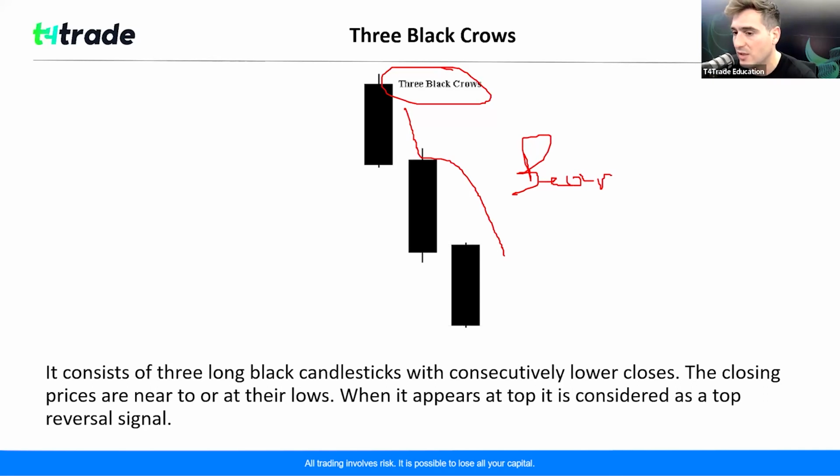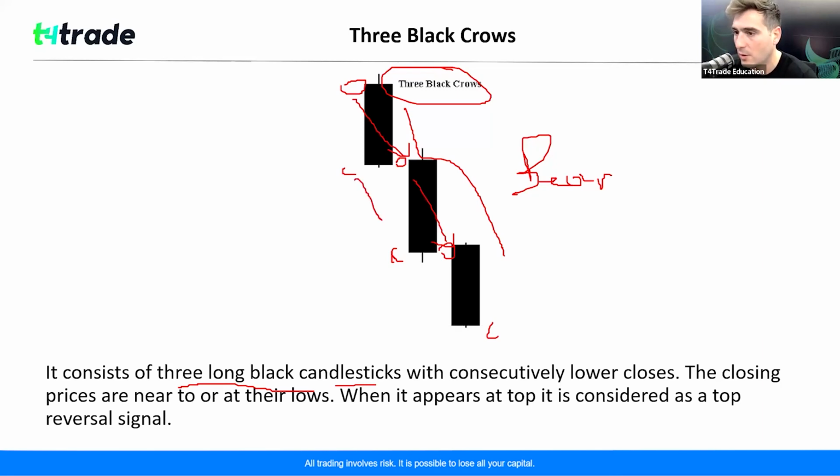Okay, so it consists of three long black candlesticks, okay, bearish candlesticks with consecutively lower closes, open, close, open, close, open, close. Okay, so you see the bearish movement is sufficiently strong because of the sequential, okay, lower closes.